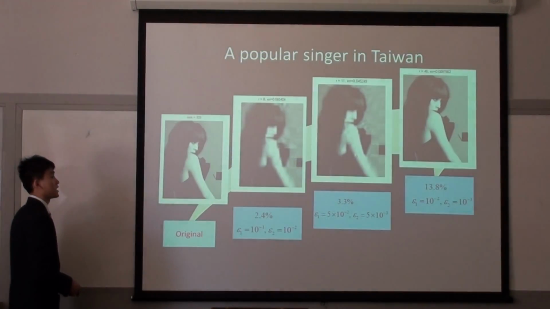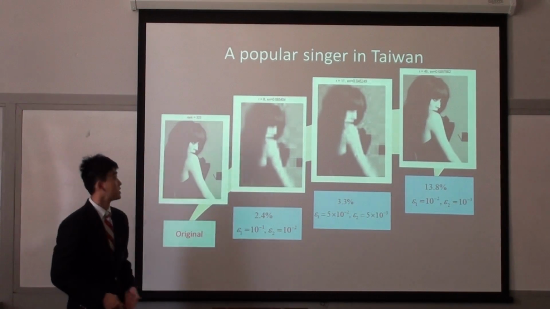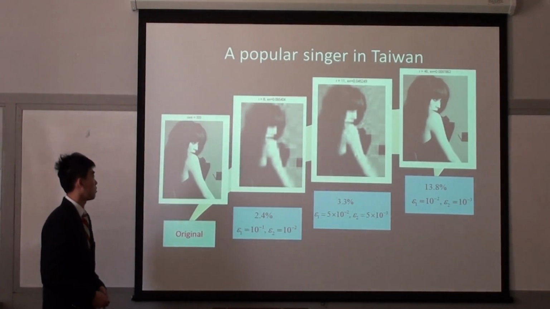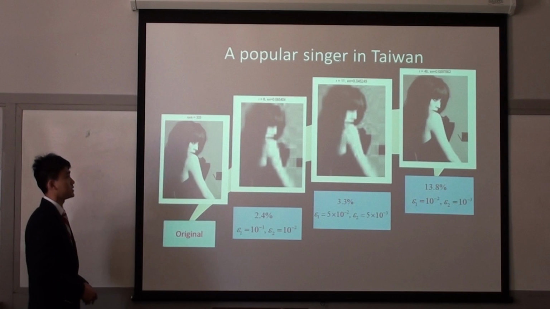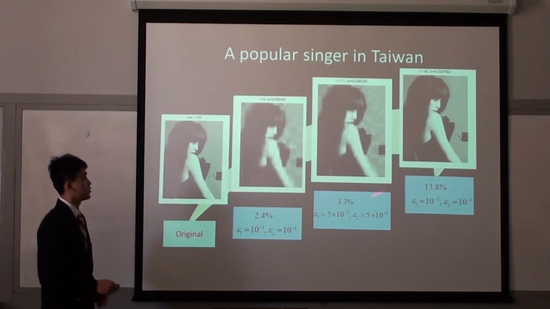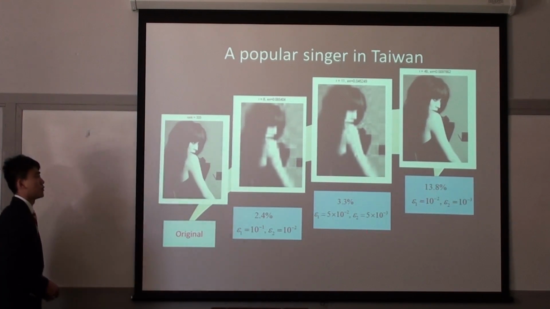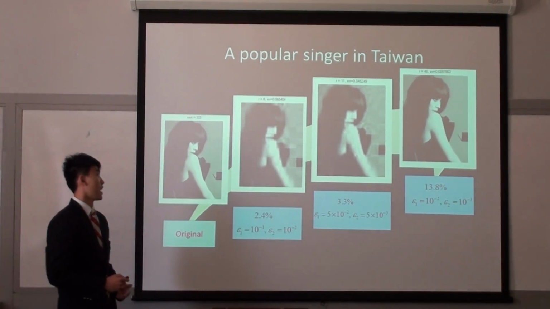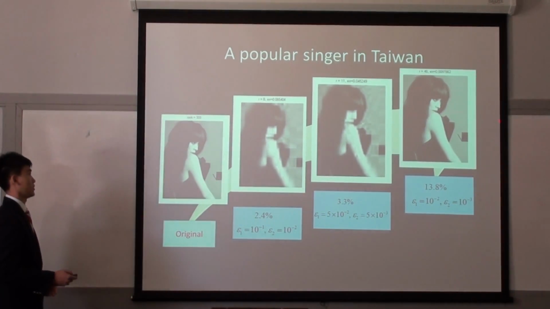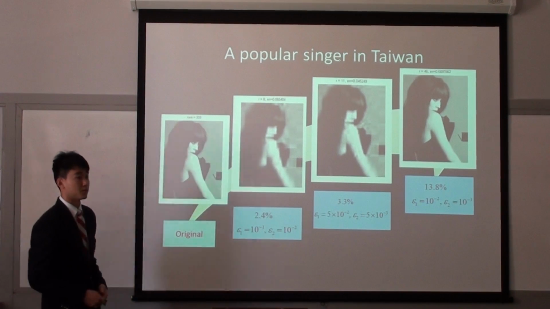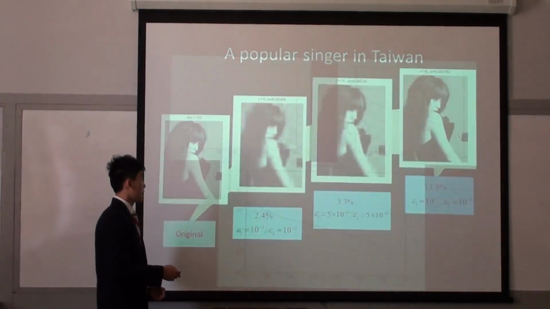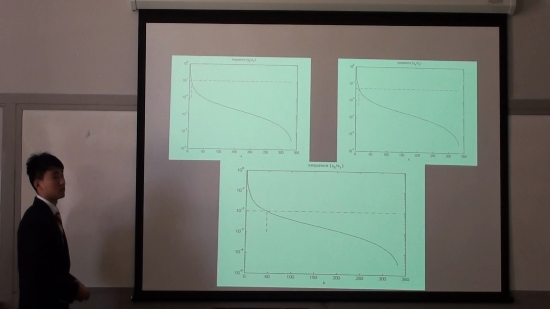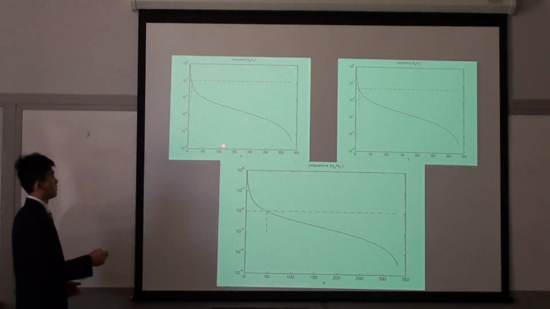And here's the second case. I use Dagger, a really popular singer in Taiwan, and I use the same criteria. Eventually, I only use 30.8% of the original information to approximate that, and they are pretty much the same pictures. These are also the distributions of singular values: the first, second, and third approximation.